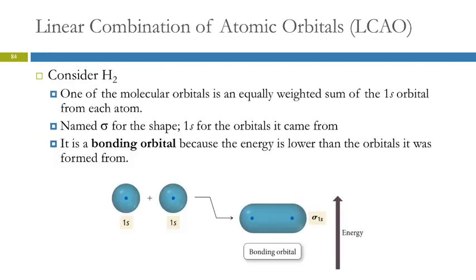So how do you combine atomic orbitals? Well, let's look at the simplest molecule possible, a hydrogen molecule, 2 hydrogen atoms. So each hydrogen atom has 1 electron in the 1s orbital. And so we can combine these 2 orbitals. And again, think about the orbitals as being a standing wave on a string or ripples in the water, right?